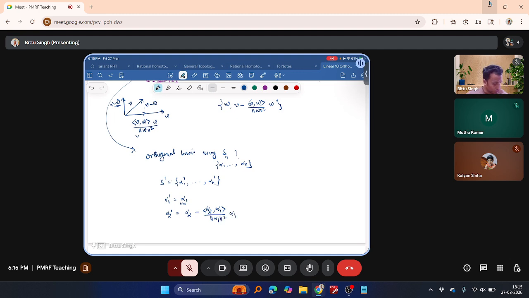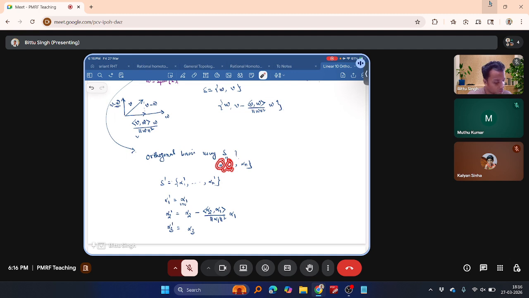We call it the orthogonal projection. Then alpha 3 dash is the same as alpha 3, but we need to subtract the projection of alpha 3 in the direction of alpha 1 and alpha 2. Now there are two different vectors.